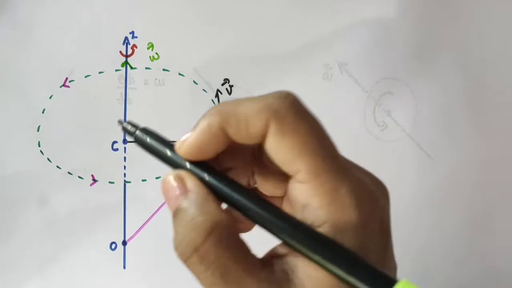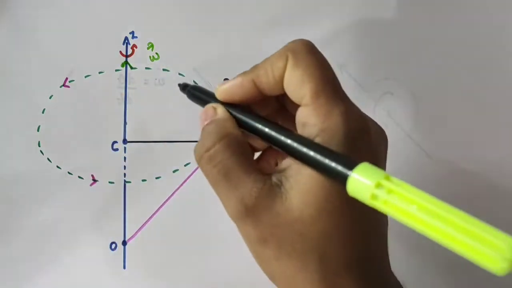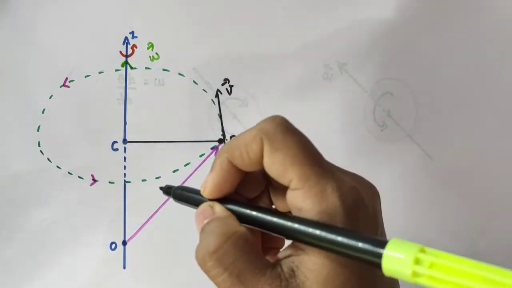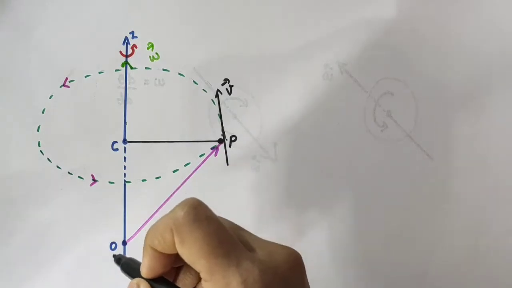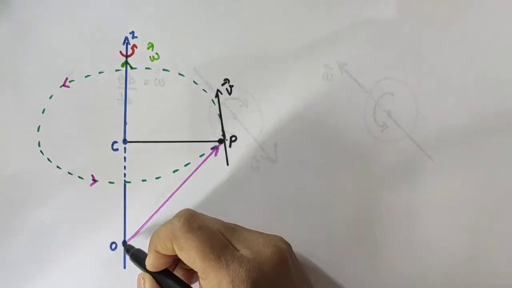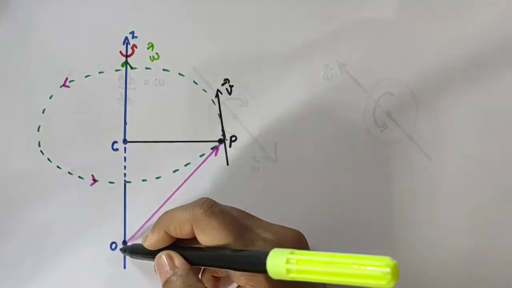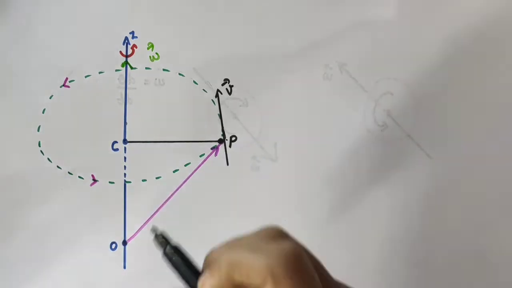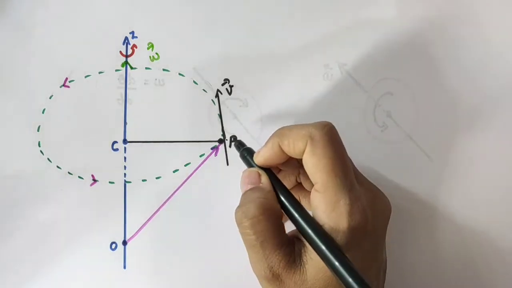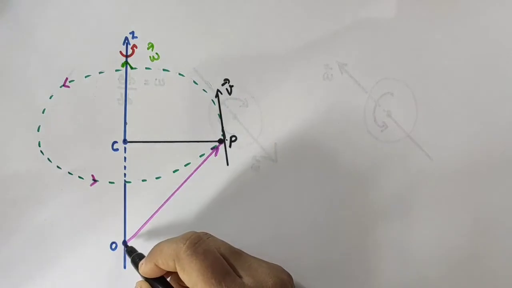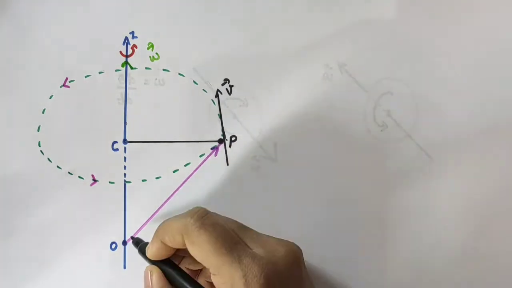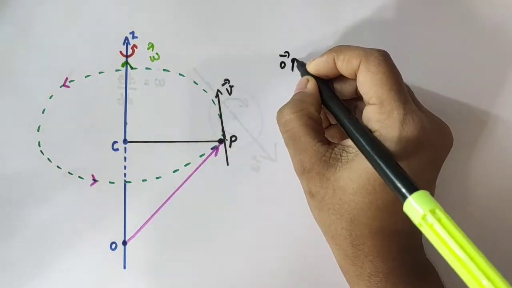I have just redrawn that figure by taking only this part. So there the origin was on the axis of rotation, and here also the origin is on the axis of rotation. Now the position vector of the particle at P with respect to the origin can be considered as vector OP.